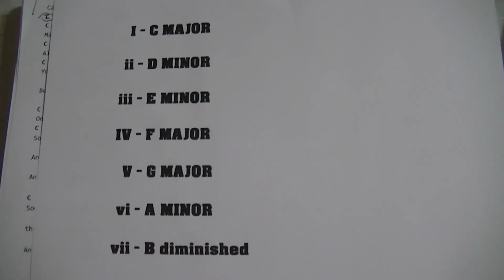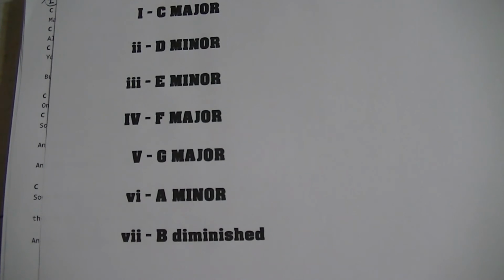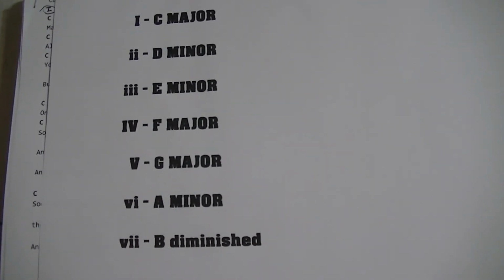The Roman numeral symbols for this are for major, minor, minor, major, major, minor, and diminished. So the symbols on a sheet of music will have the Roman numeral symbols to symbolize these particular major and minor chords.